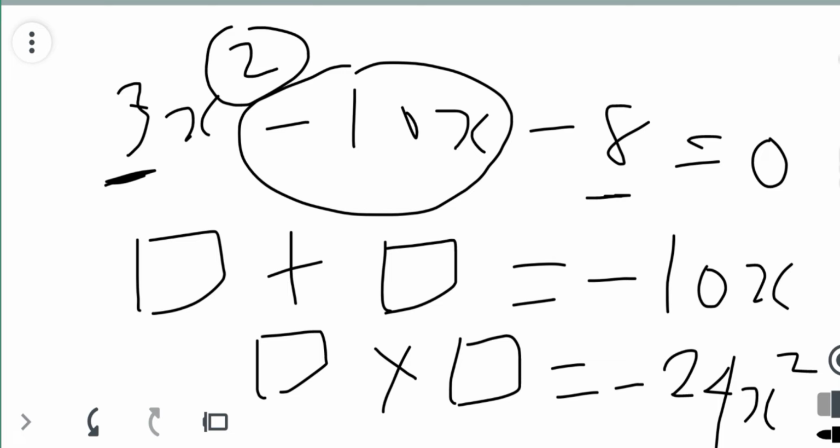As well, we still have other methods that we can use to solve a quadratic equation. We have completing the square method, we have quadratic formula, and we have our graphical method. But what we are only considering now is what we call the factorization method.